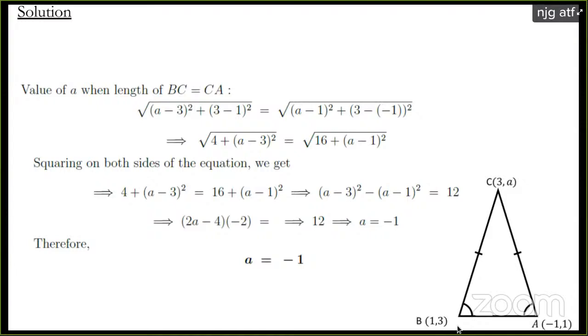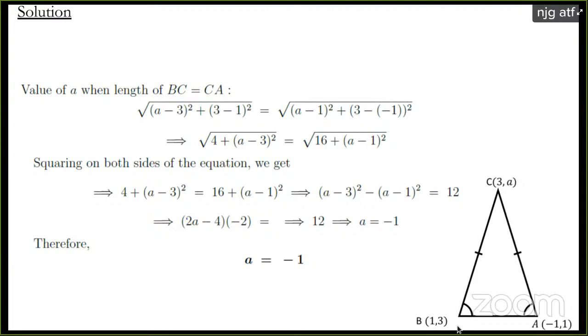You can use this a square minus b square formula as (a + b) into (a − b), or just open it up. (a − 3) whole square will be equal to a square minus 6a plus 9, and (a − 1) whole square will be a square minus 2a plus 1. Just subtract those a squares, you will get like this.